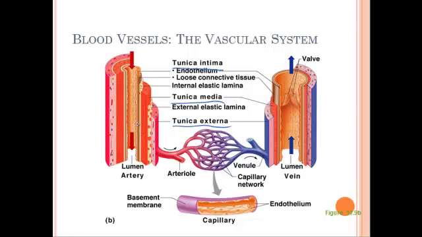So the arteries have to be able to receive that pressure without breaking, and so they have to be able to expand and then come back into their original shape without any problems. And so that's where this elastic tissue is going to come in, helping it maintain its shape. Also the smooth muscle as well, all helping maintain that blood pressure.